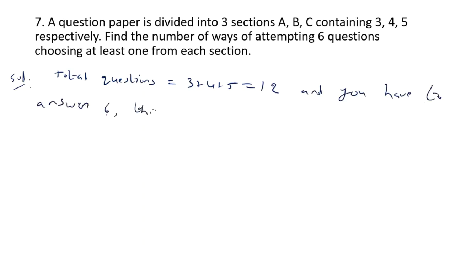This can be done in 12 choose 6 ways. But all these choices are not desirable. So we have to answer at least one question from each section. So for this, what we are doing is, if I don't answer any question from A, that is not a desirable thing.